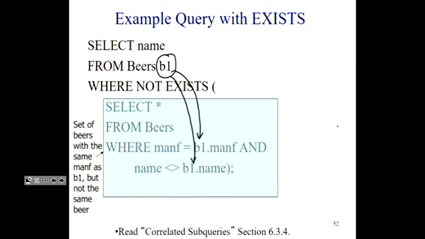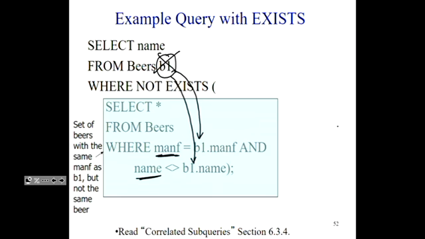And in order to be able to use B1 within the subquery, I have to give it a new name, which is B1, right? Because otherwise, if I didn't give it a name B1, when I'm in the subquery, I'm confused about whether manufacturer refers to the external one or the internal one. And similarly with name. As it turns out, the convention for SQL is that the closest scope defines the meaning of the variable.